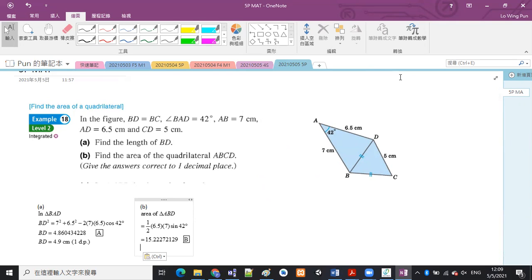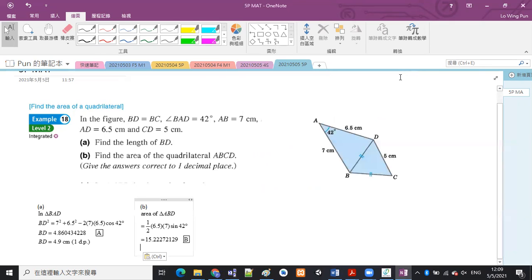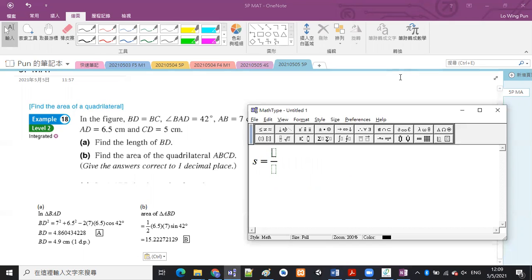But this time we need to use the Heron's formula. So we need to find the S first. S is equal to BD plus BC plus 5 over 2. Both BD and BC are memory A. So we will do this A plus 5, and then enter, and then divide by 2.